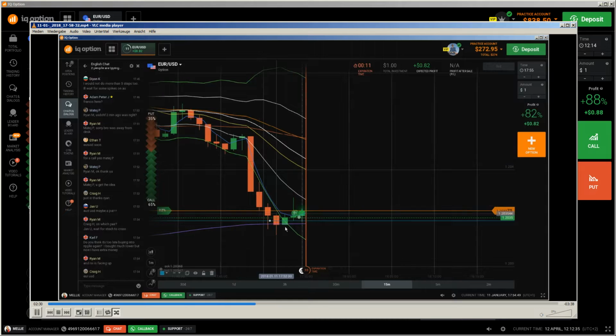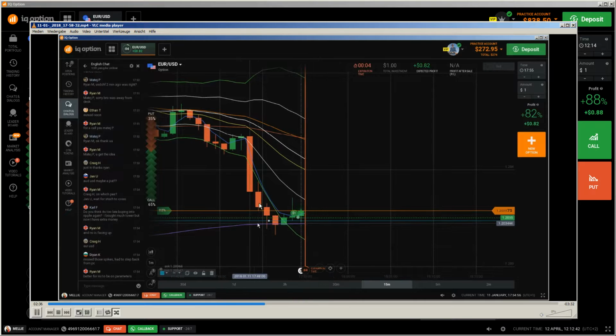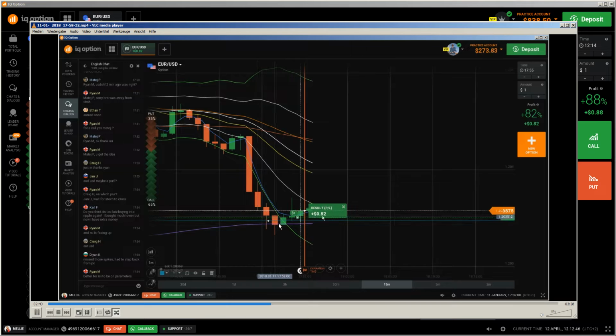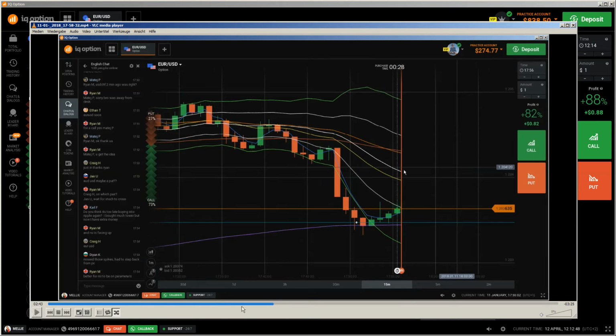That is because this is a long, strong downtrend, and this was the initial of an upcoming uptrend. Yes, that is what this is about.